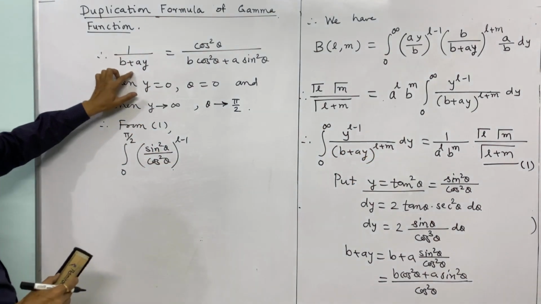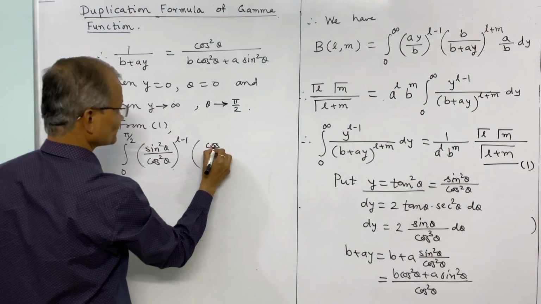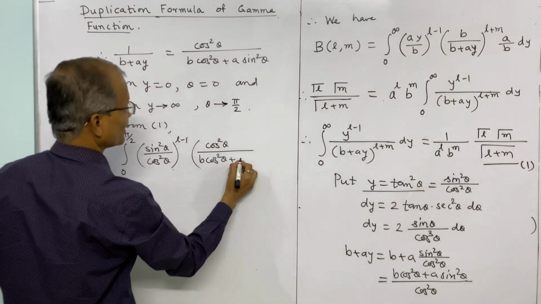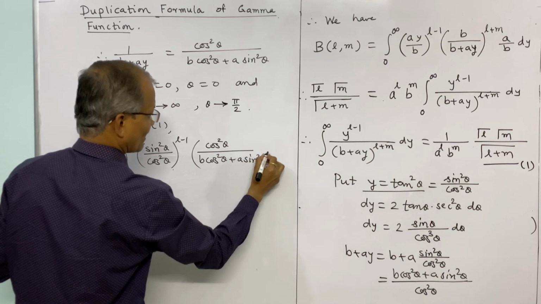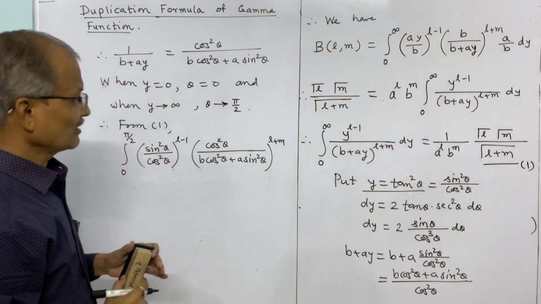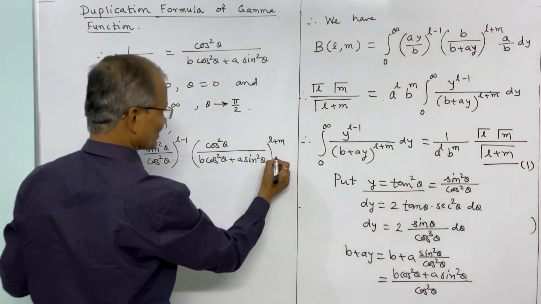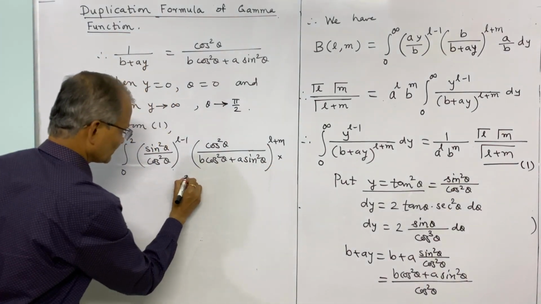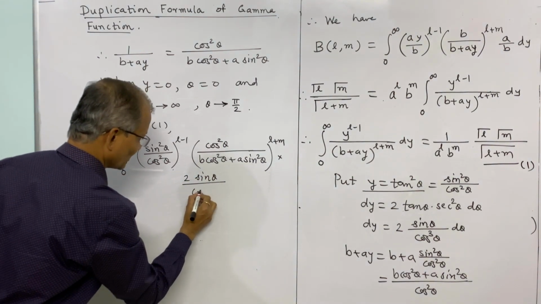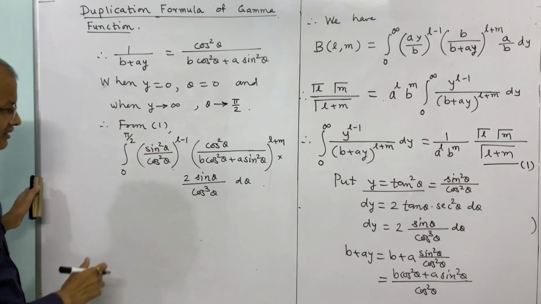So 1 over b plus ay is this term, and that we can write as cos square theta divided by b cos square theta plus a sin square theta, and this is raised to the power L plus m. And dy is 2 sin theta upon cos cube theta into d theta. So this is inside the integral, this is multiplied.